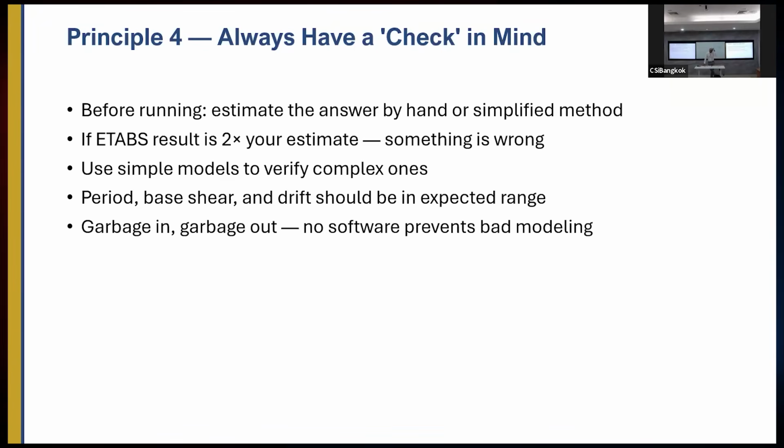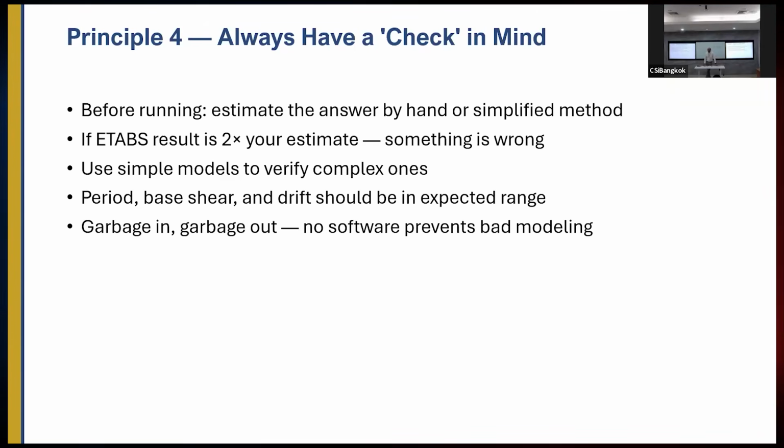And as we were talking about just now in the office, with the use of AI for problem solving or coding, if you don't know what you're looking for, you can never reliably check what you got. So the answer should already be there. For example, with the natural period, you're looking for a natural period, but you already know it cannot be too long and cannot be too short. It's going to be in this range.